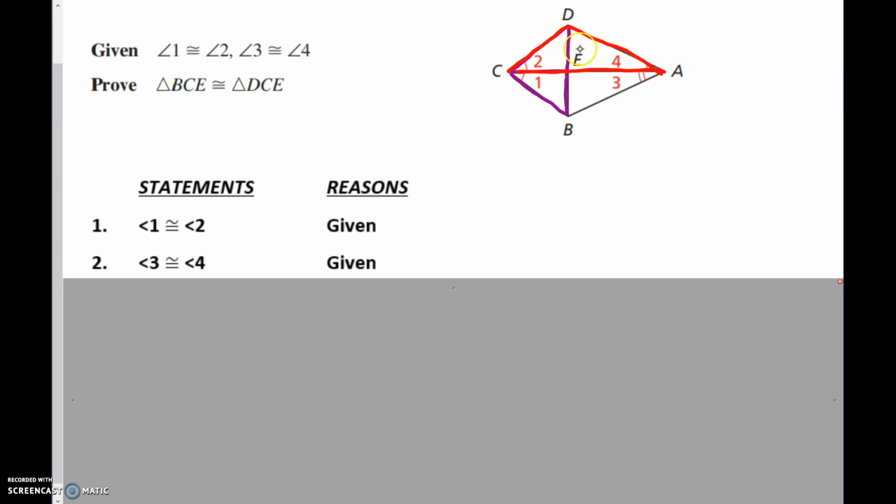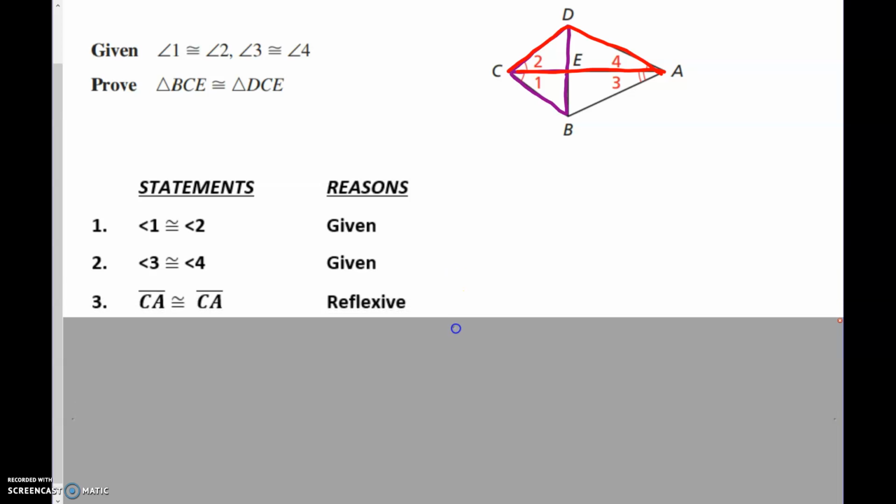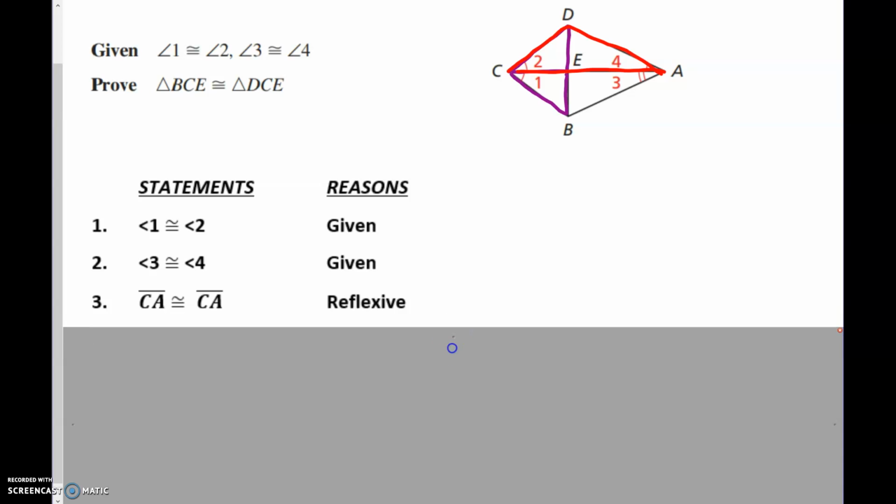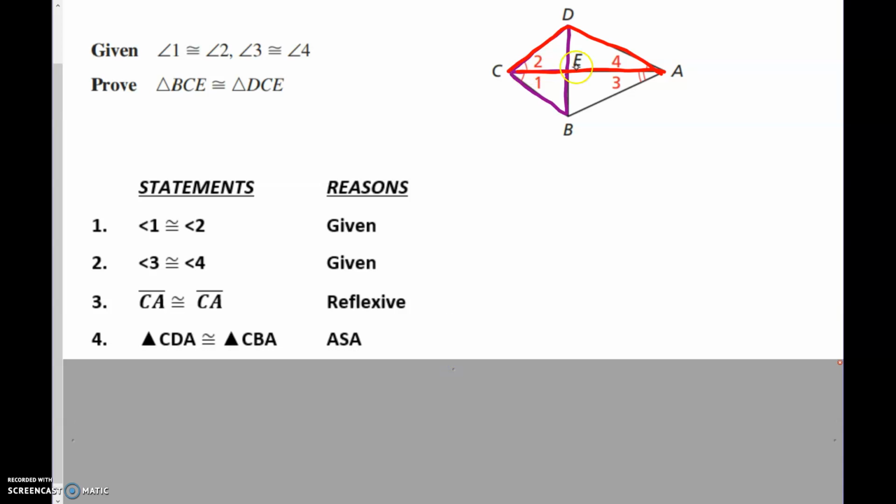So I have the two angles. Now, isn't the side CA congruent to CA by reflexive? So now, can't I get those two big triangles, CDA and CBA, are congruent by angle, side, angle? Now remember, if those two triangles are congruent, their corresponding parts are also congruent.